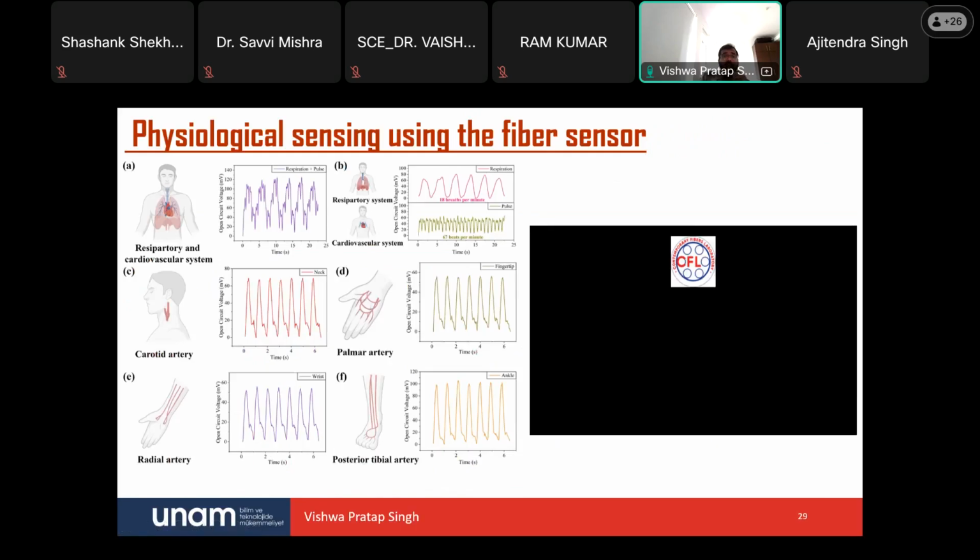In this case, for physiological sensing, your heart also vibrates because of the systolic contraction and separation in your heart with each heartbeat. As the heart is beating, the same force is applied and the blood is flowing in your veins, so at the same frequency your veins also vibrate.